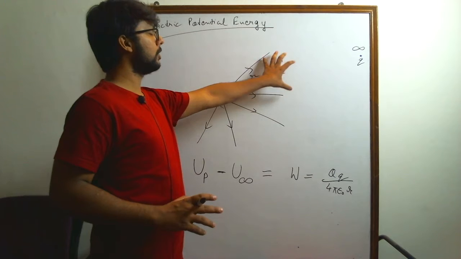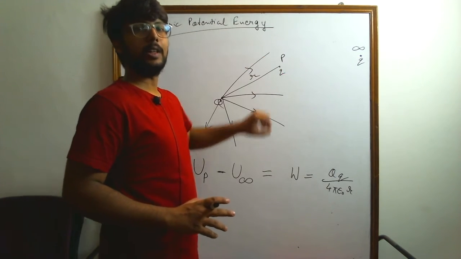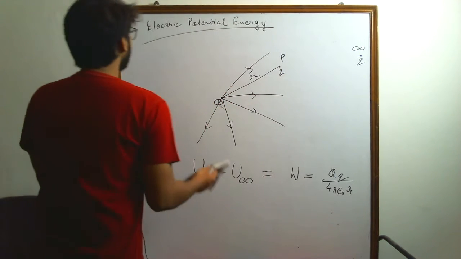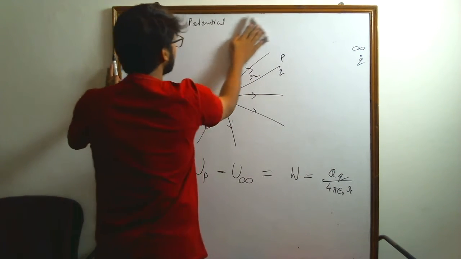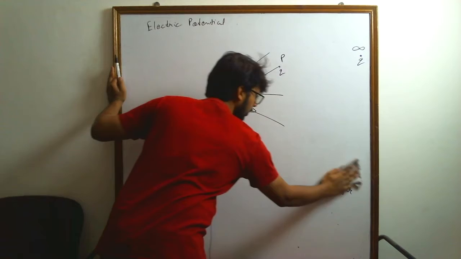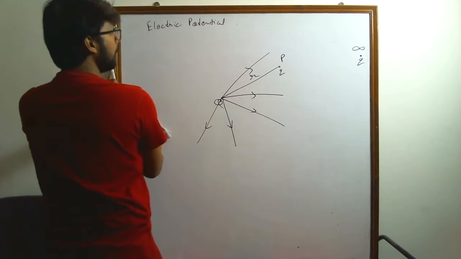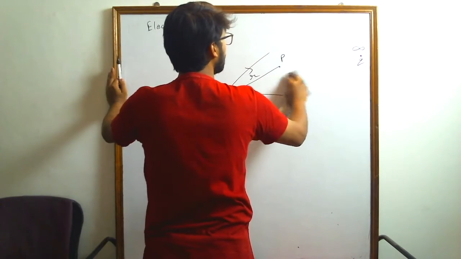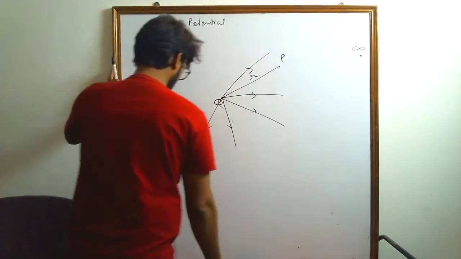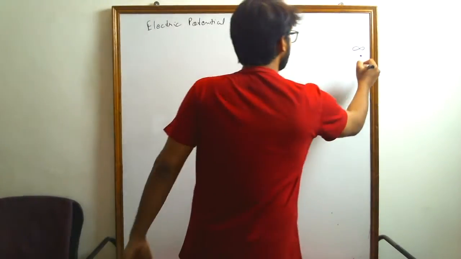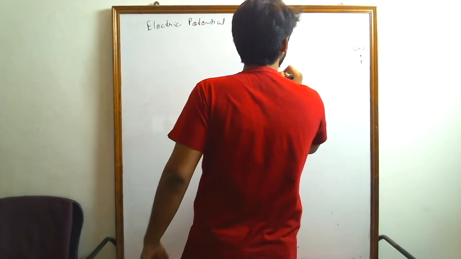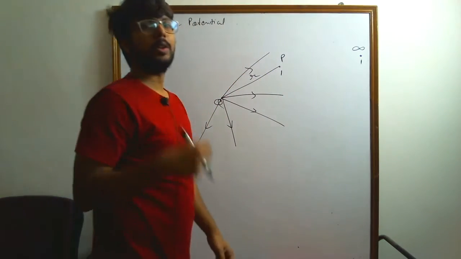So potential energy, we are storing that energy in this point. Now electric potential is equally easy. Electric potential. Okay, this is the definition. This was the definition of potential energy. Electric potential is simply, instead of Q, we are talking about a unit charge.